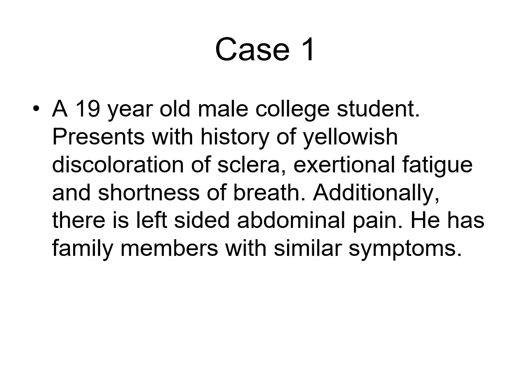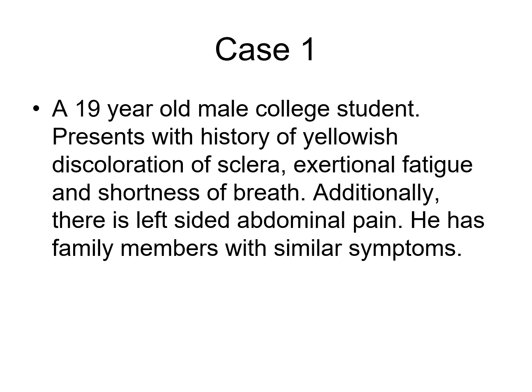This is case number 1 for today, and it's about a 19-year-old male college student who is presented with some history of yellowish discoloration of the sclera and some exertional fatigue and shortness of breath upon exertion. So we're having symptoms that would suggest anemia, I mean exertional fatigue and shortness of breath.